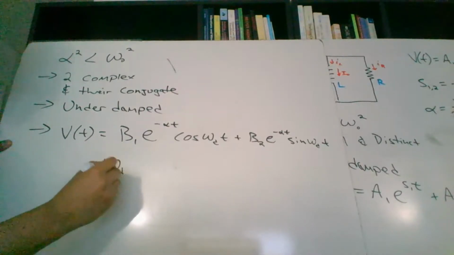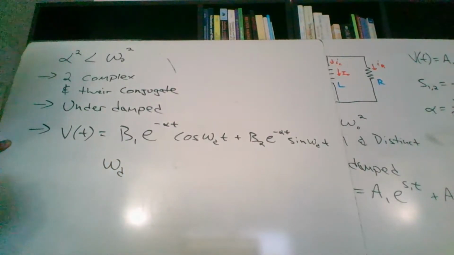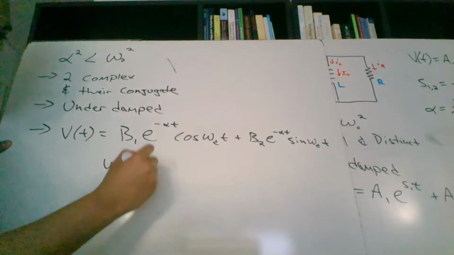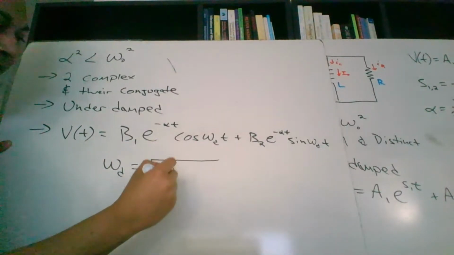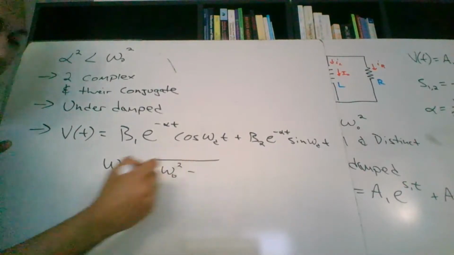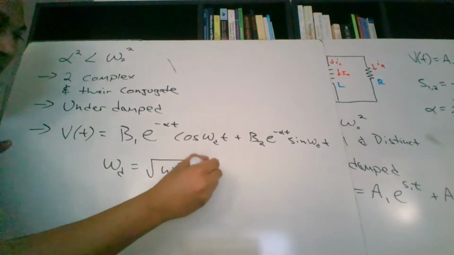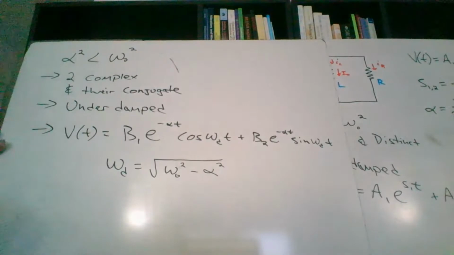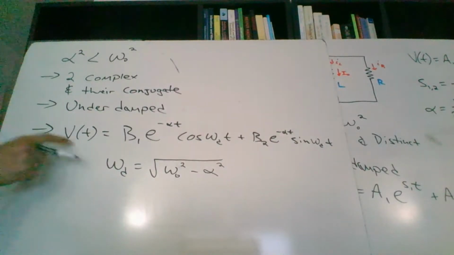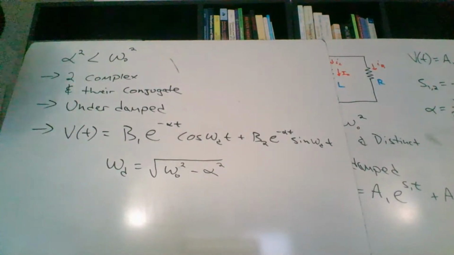Omega d is the damping frequency. The damping frequency is the square root of the natural frequency squared minus the Neper frequency squared. So that would be the solution for the underdamped situation.